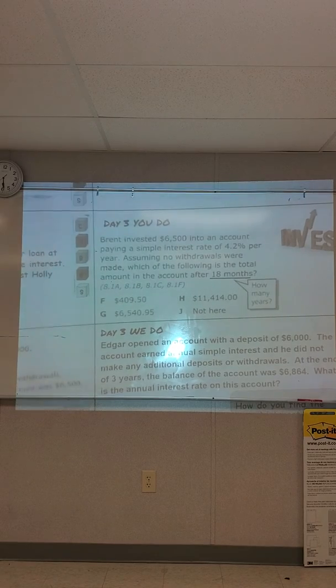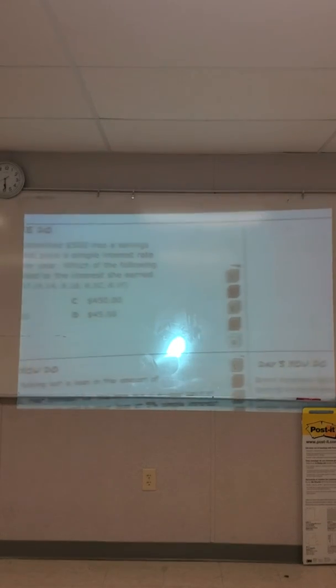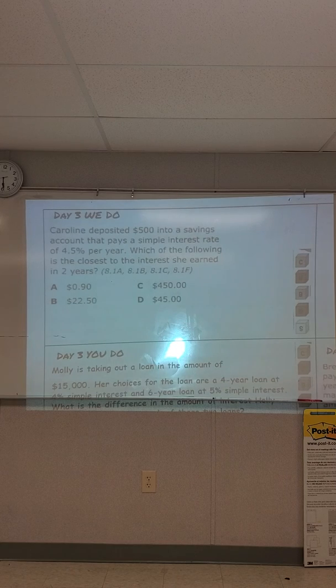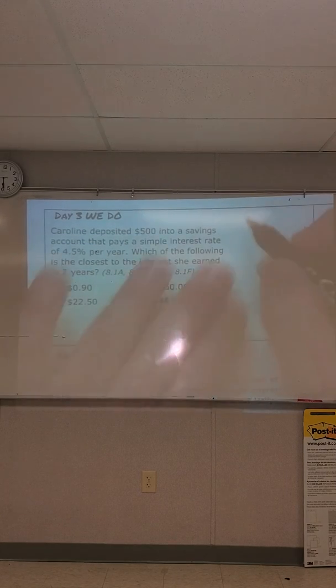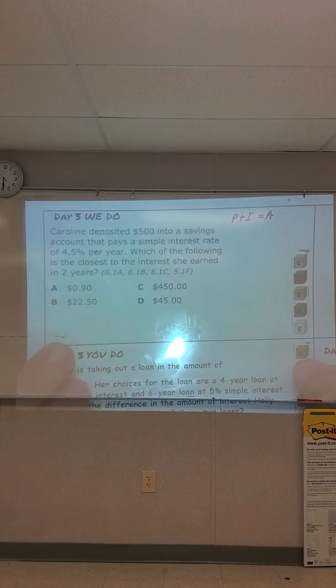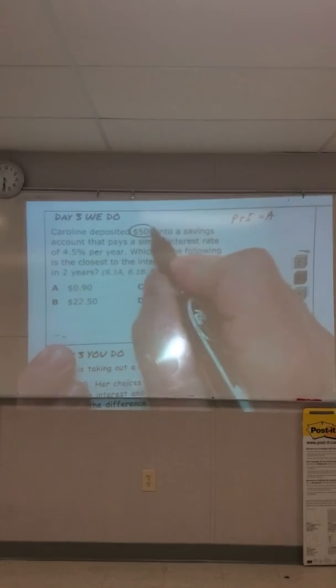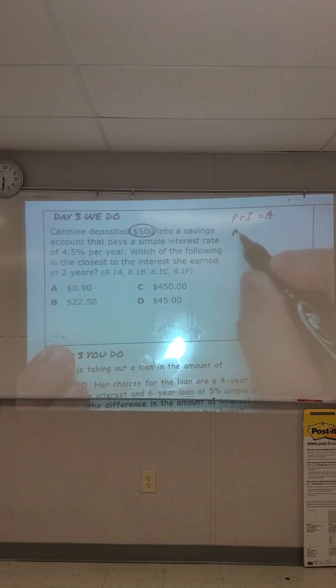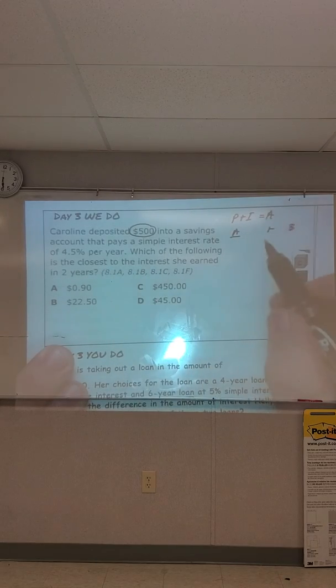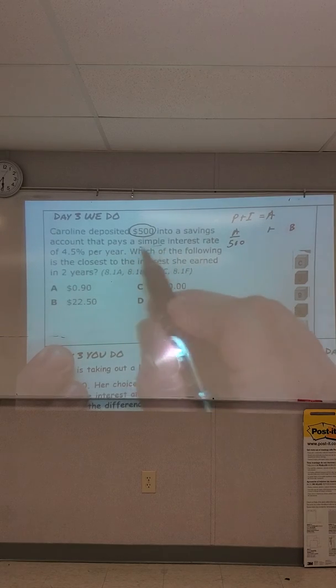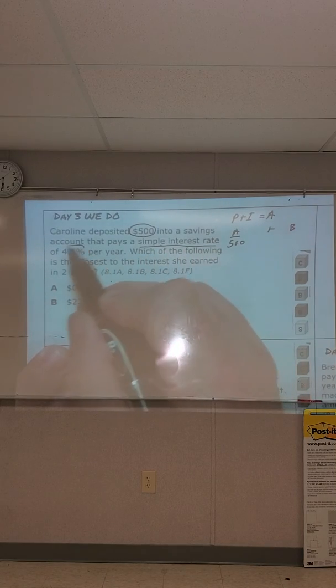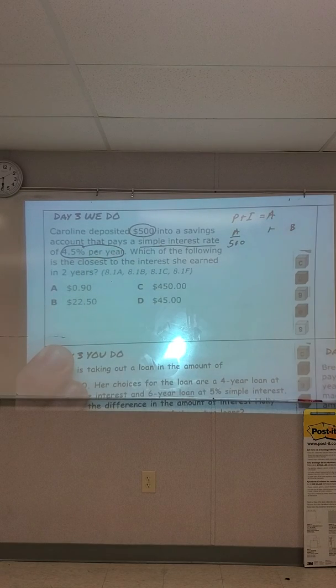So let's take a look at another we do. Here we go. So remember, principal plus interest, that's going to give us the amount we're looking for. So we have $500 of principal, two parts, A plus B. So simple interest rate, that's key, 4.5% per year.